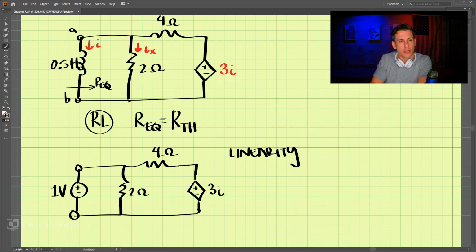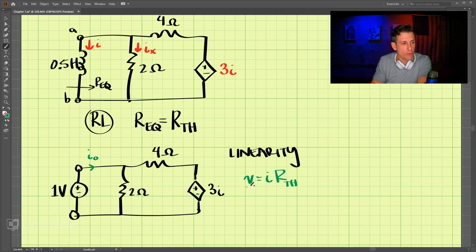And we'll look and see the current coming out of here, which is I naught. We use this property of linearity where V equals I times R, where this is the Thevenin resistance.